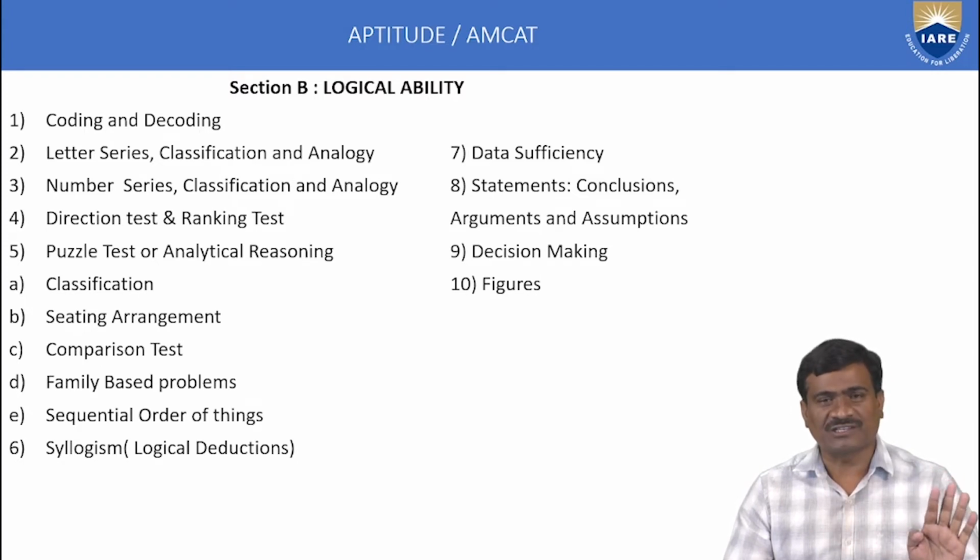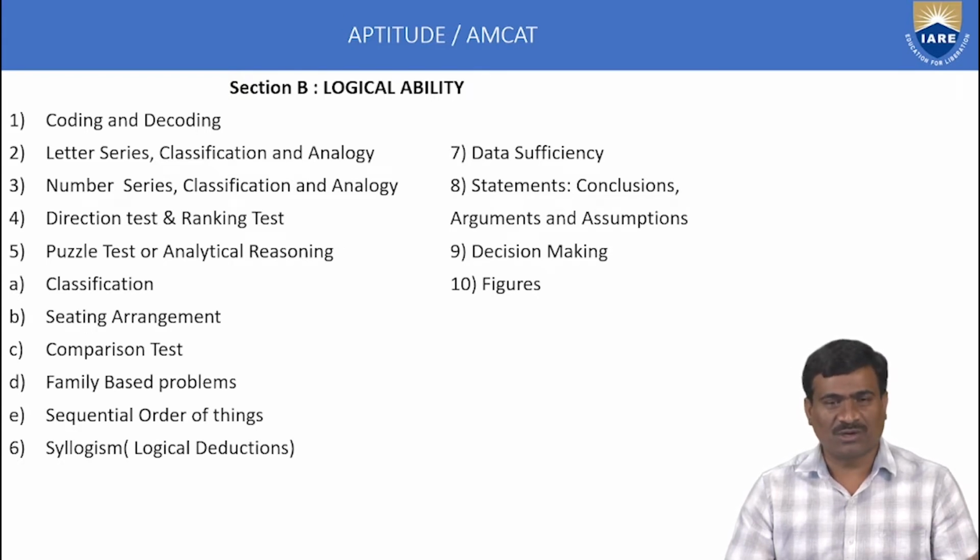We have four sections in the AMCAT test pattern. The first and second sections, A and B, are two modules that belong to aptitude, that is, the quant as well as the reasoning part. But today's module is logical ability or reasoning ability.